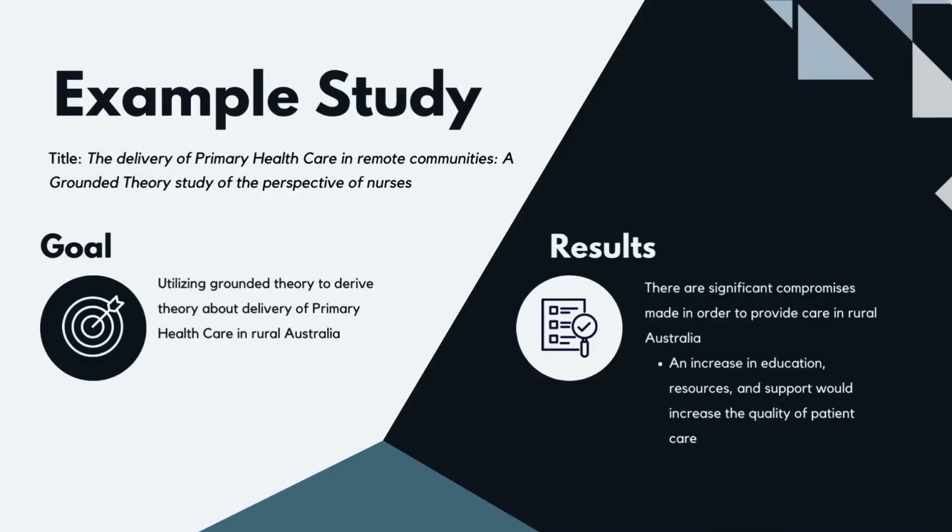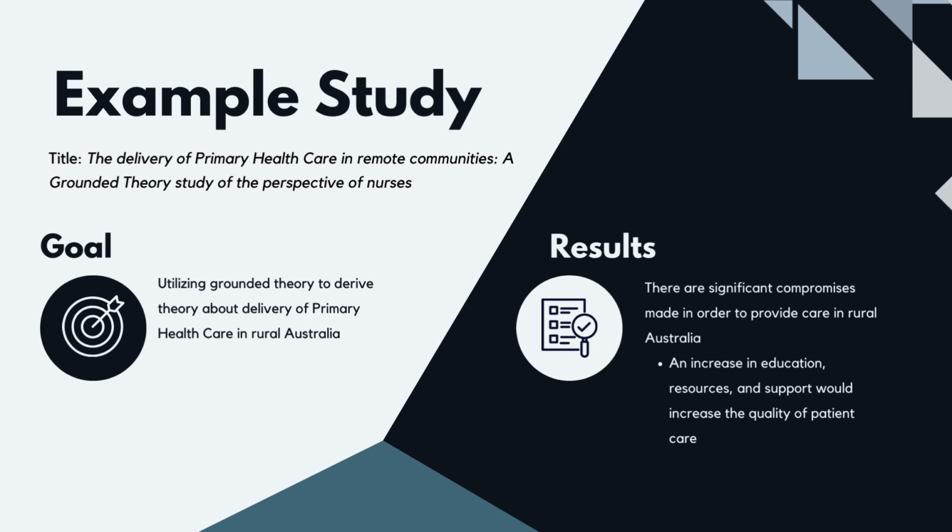Next, we'll be taking a look at grounded theory at play with an example study. The example study that we're going to utilize is the delivery of primary health care in remote communities, a grounded theory study of the perspective of nurses. The goal of this study was to use grounded theory and its data to derive a theory about primary healthcare delivery in rural communities throughout Australia.